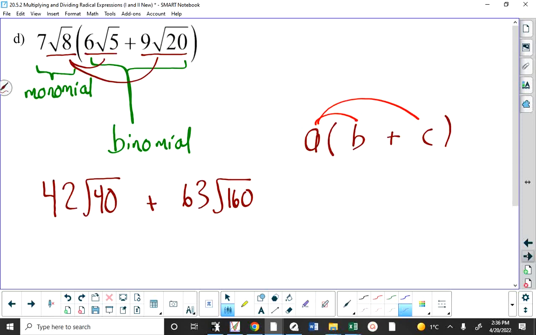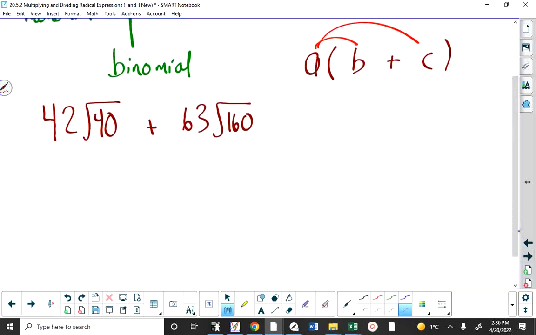Okay. Are we done? Well, no. Root 40 can be simplified. And again, I prefer to show my work on the side. Root 40 is root 4 root 10, which is 2 root 10.